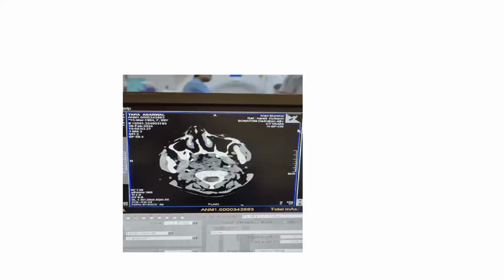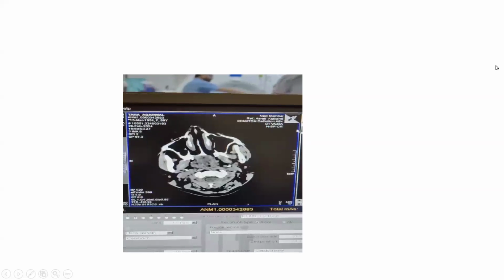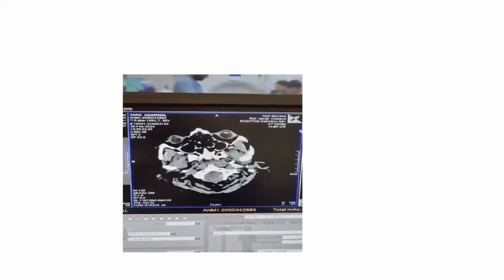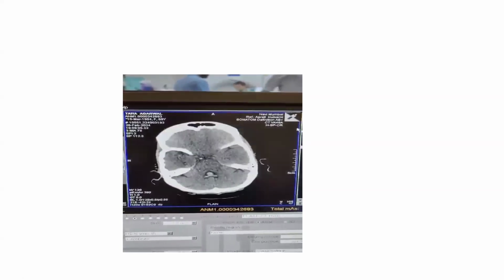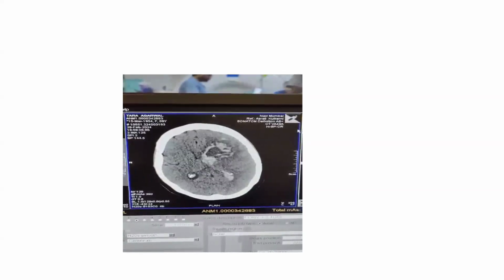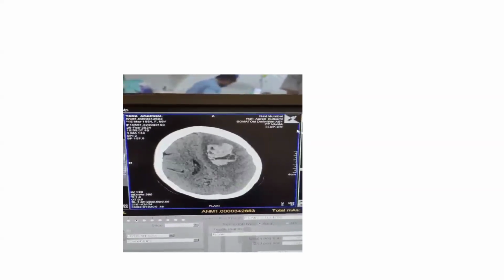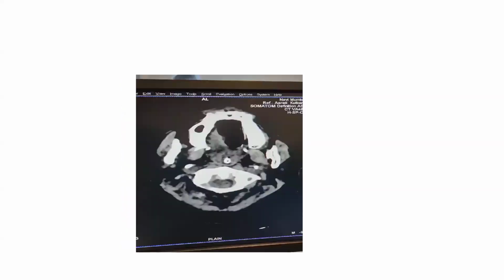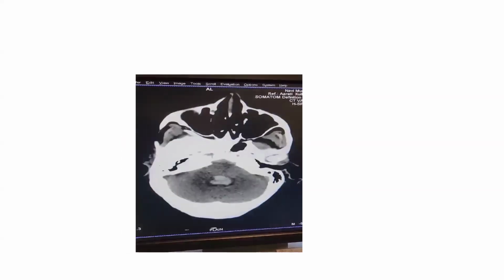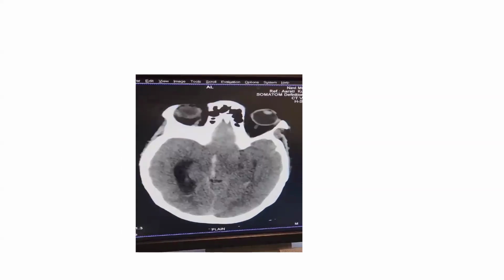This was the initial CT of this patient, and this CT we repeated after 12 hours.